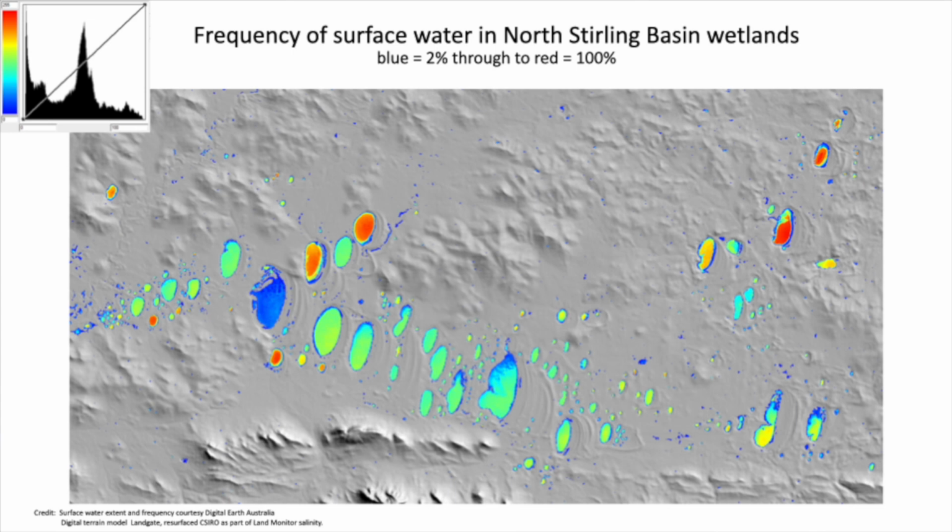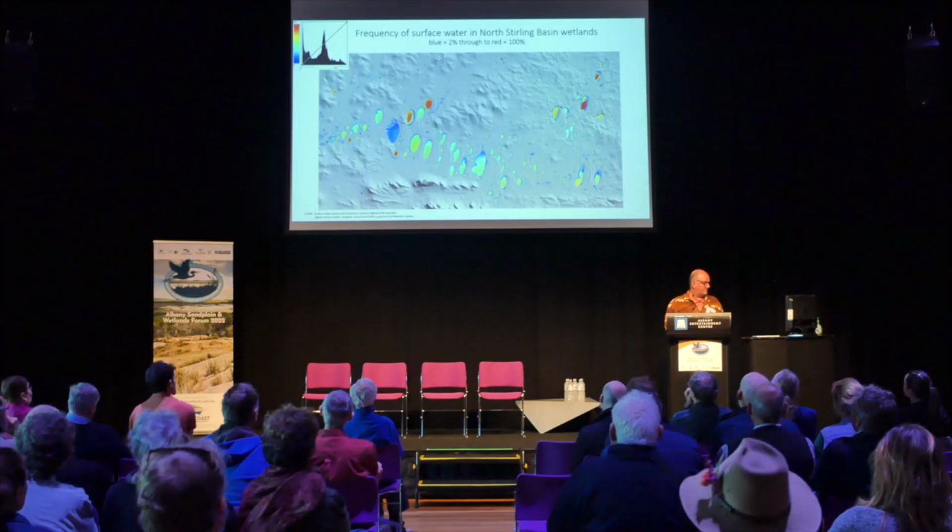If the surface water is red, that means it's got surface water in it most of the time, 100% of the time of when the satellite overpassed, down to blue, which is roughly 2% of the time. So there's a graduation there, and you can see a lot of the wetlands there have had surface water in them roughly half the time, according to this analysis from Digital Earth Australia.